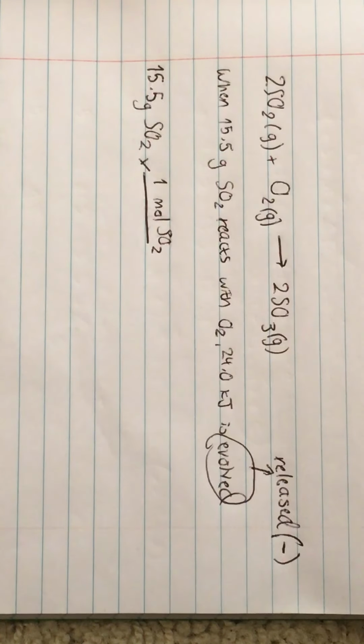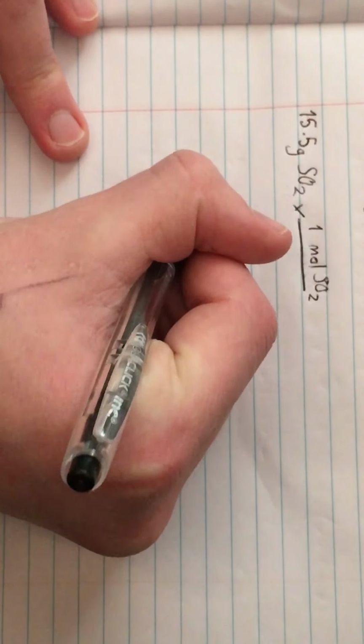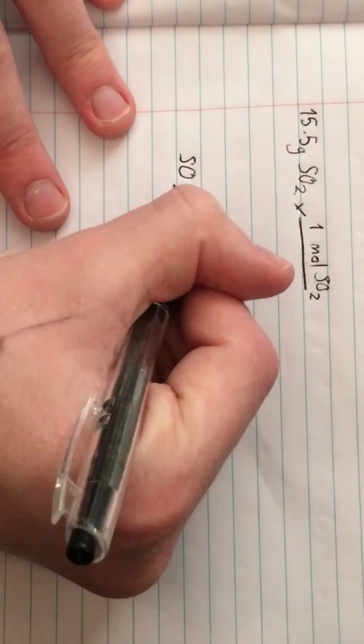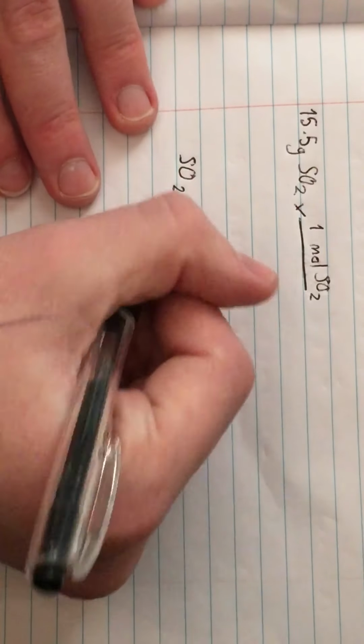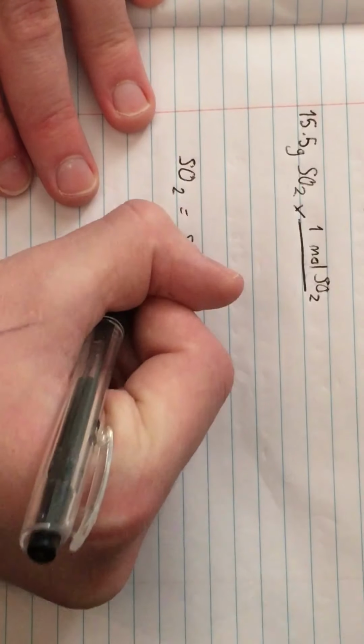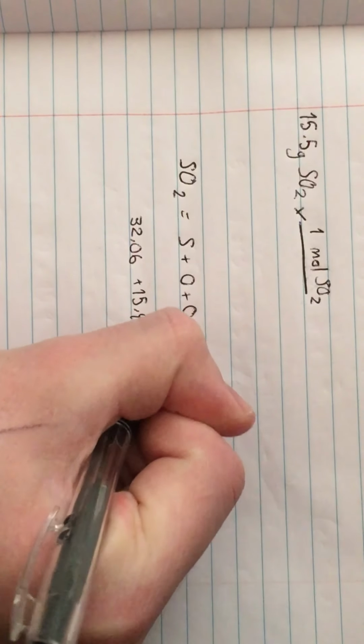All right. Now, before we write something on the bottom, we have to understand what sulfur dioxide is. All it is is sulfur and then 2 oxygens, right? That's simple enough. So if we look at our periodic table, there's going to be a little number under every single element. So for sulfur, it's 32.06. For oxygen, it's 15.999.